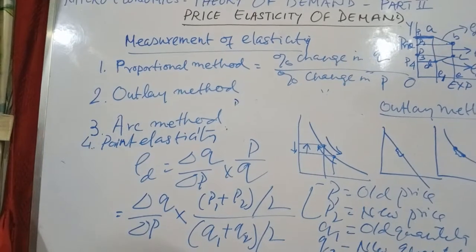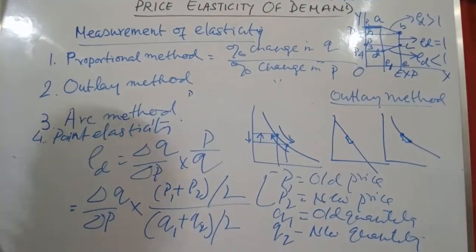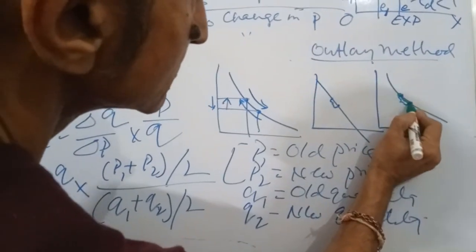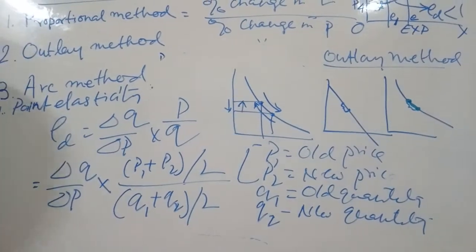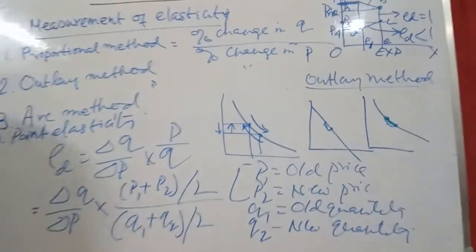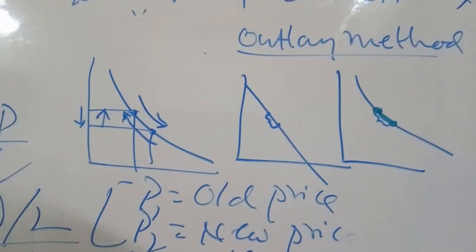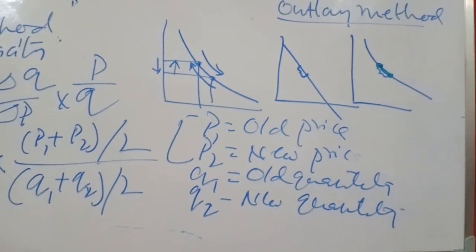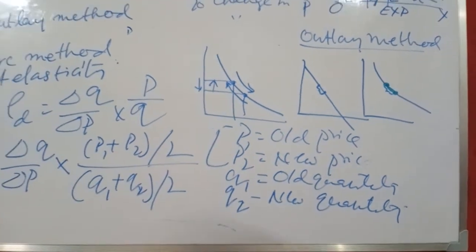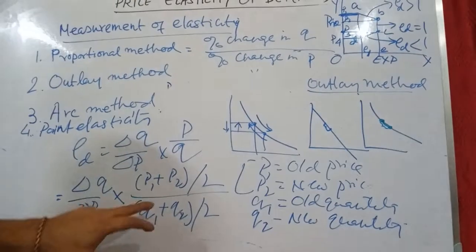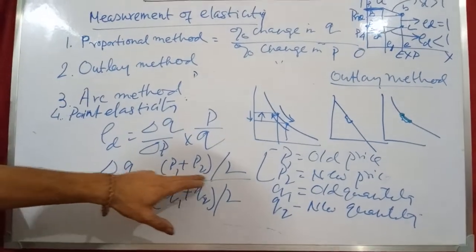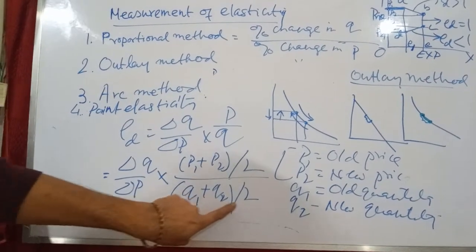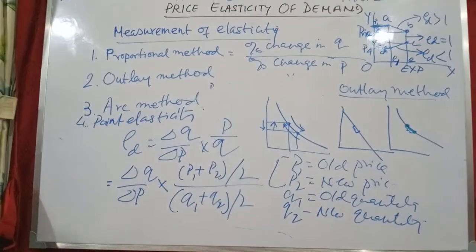In arc method, we measure elasticity as average between 2 points of the demand curve. And there we take average of prices, that is average of new and old prices, and average of new and old quantities. In place of P, we take P1 plus P2 divided by 2, and in place of Q, we take Q1 plus Q2 divided by 2. That's it.